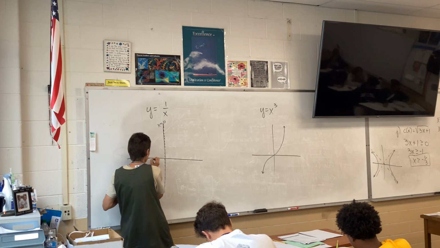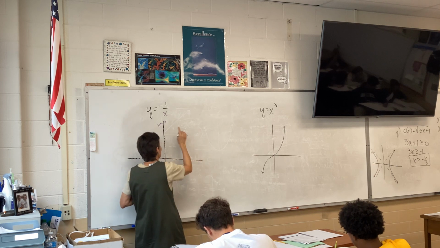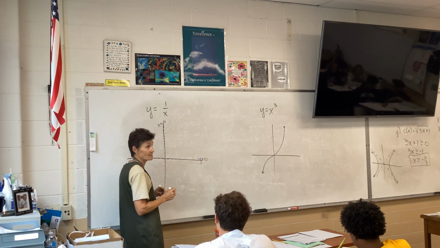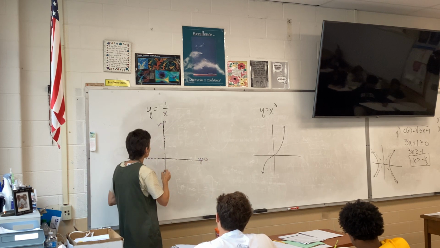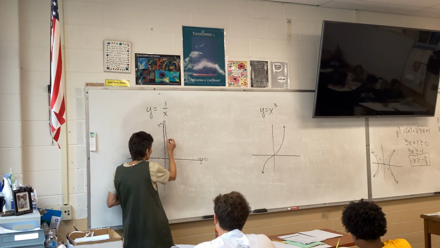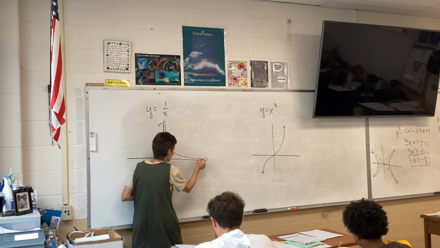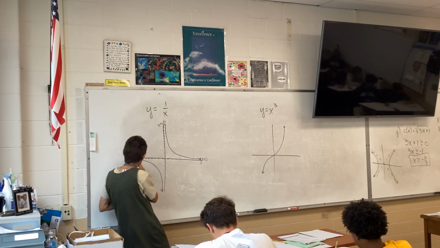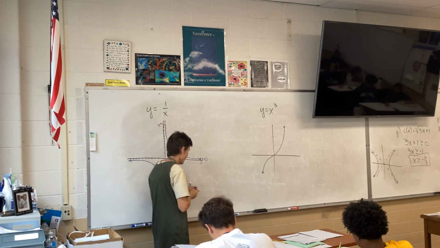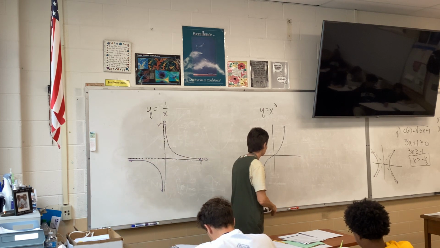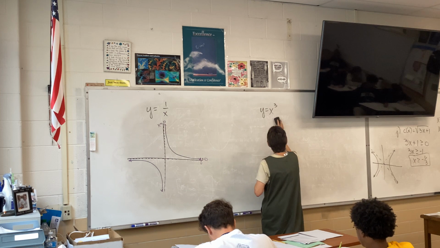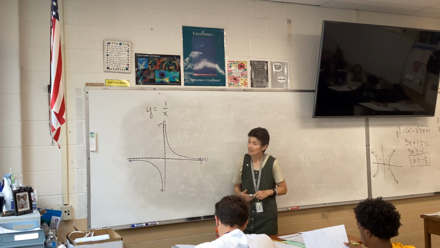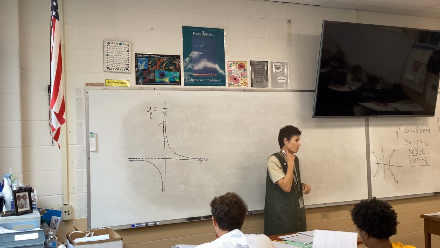Y will never be 0 either, think about that fraction, that will never equal 0. It has a horizontal asymptote at 0. If x is positive, y is positive. And if x is negative, y is negative. That is a picture of your reciprocal function. There's a lot of interesting things to talk about with that guy.